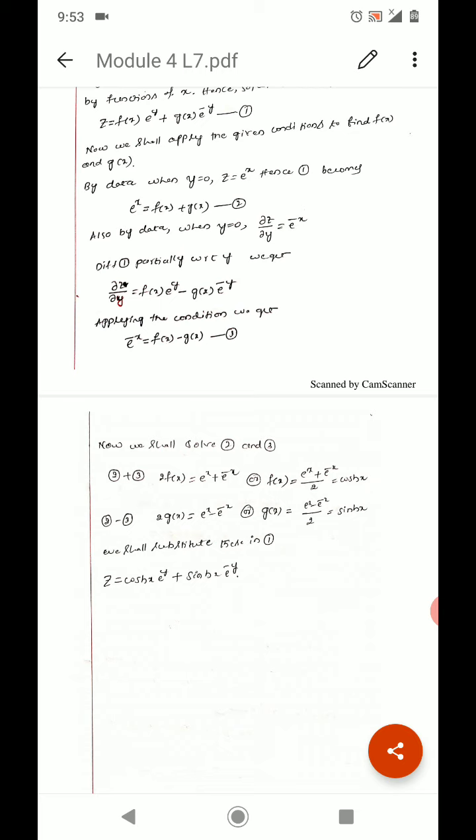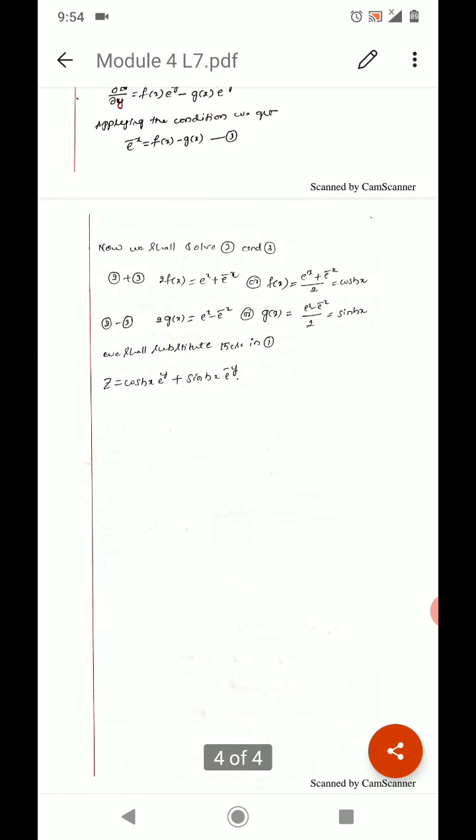Also by subtracting equation 3 from 2, we get 2 into g of x equal to e power x minus e power minus x, or g of x is equal to e power x minus e power minus x divided by 2, that is sin hx. Therefore the equation 1 becomes z is equal to cos hx into e power y plus sin hx into e power minus y. So that is the required solution.